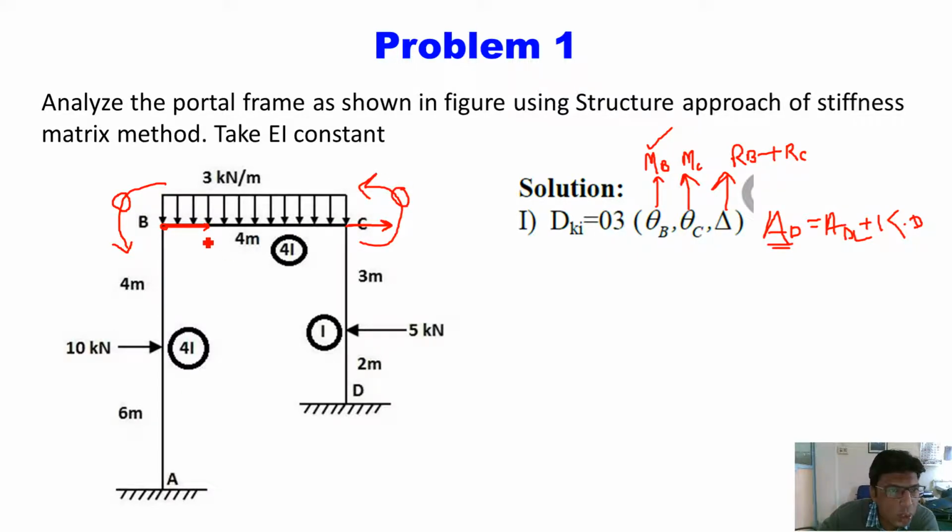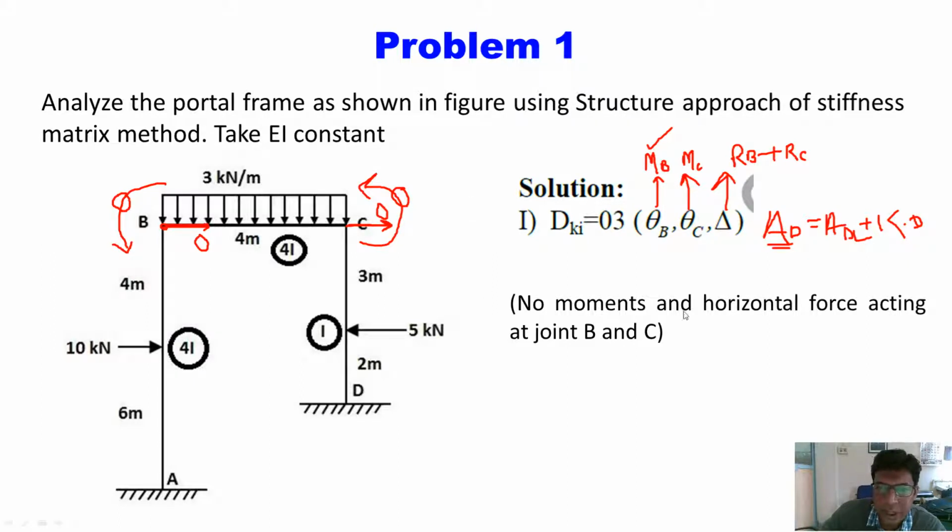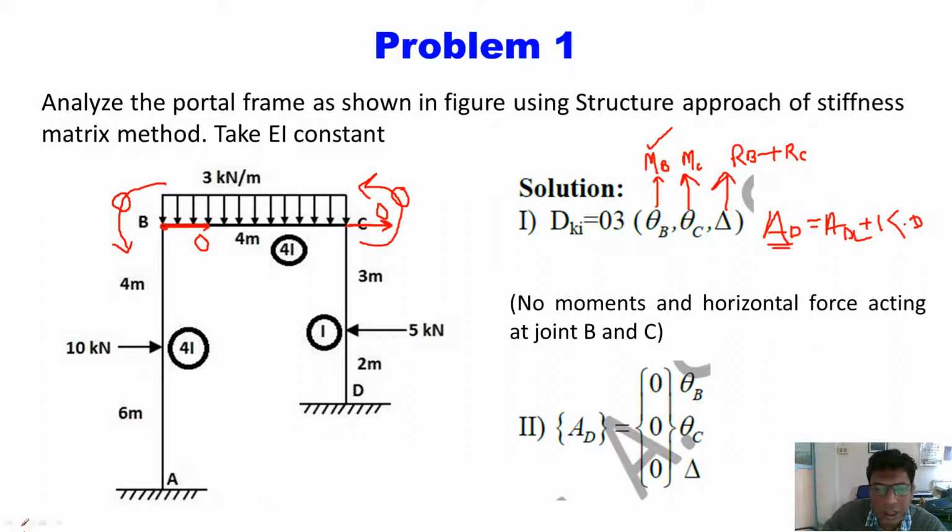And there is no horizontal force at B or at C. So all three actions corresponding to unknown displacements are 0. Since there are no moments or horizontal forces at B and C, all three elements of the AD matrix are 0: first corresponding to theta B, the moment at B; second corresponding to theta C, the moment at C; and third, 0 corresponding to RB plus RC, since there is no horizontal force at B or C. This is the very first matrix, AD.